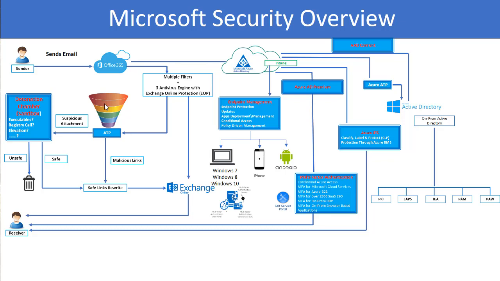I would be creating another separate demonstration on JEA, because if I do this in one demonstration, it would be too big. And then the PAM, which is Privileged Access Management, that we are doing today, followed by Privileged Access Workstation. I'm not doing that today, but I plan to do another video on Privileged Access Workstation as well.